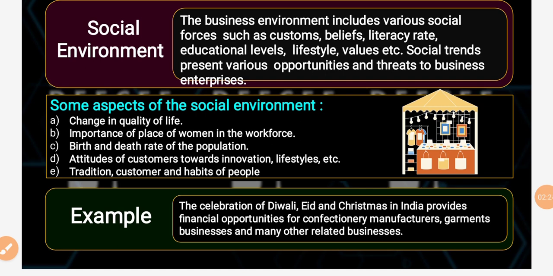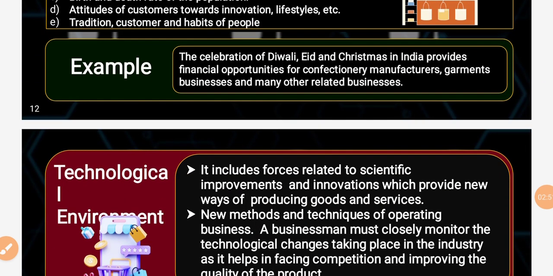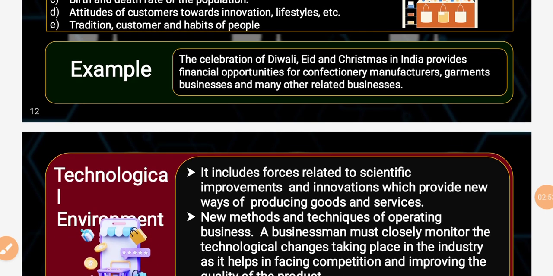And these include change in the quality, giving importance to women empowerment, change in birth rate or death rate, lifestyle, celebrations, value system, celebration of Diwali, Eid, tradition, custom, habits of the people. All these are part of social environment. We can take the example of celebration of Diwali, Eid as part of social dimension.